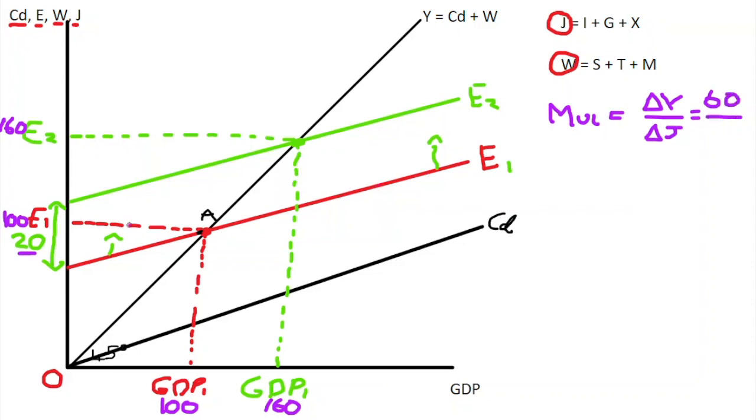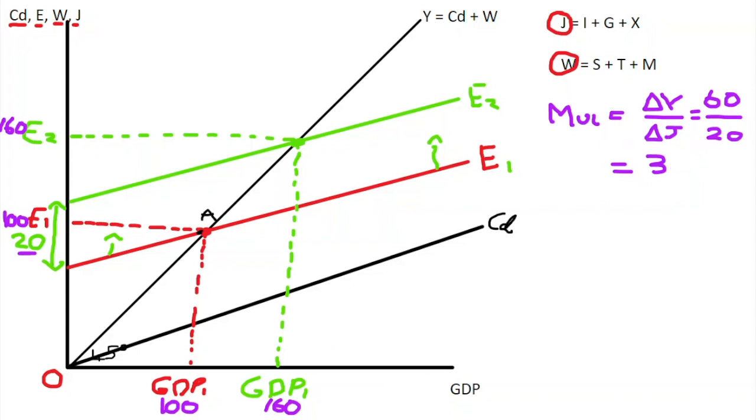And the change in the injection, the extra money put into the economy, is 20 billion. So what we know in our case here is that the multiplier is 60 over 20, which gives us a multiplier of 3. So every dollar or euro of government spending actually increases the size of the economy by 3 times that. So $1 equates to $3 in terms of extra output.